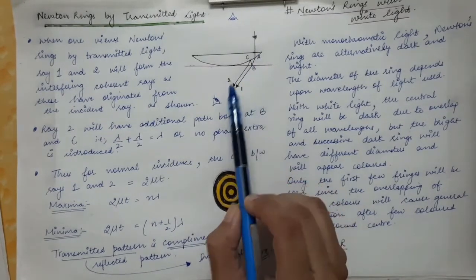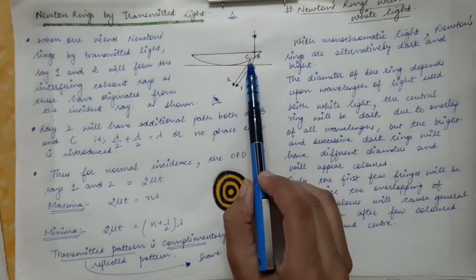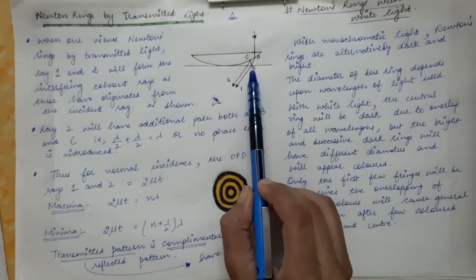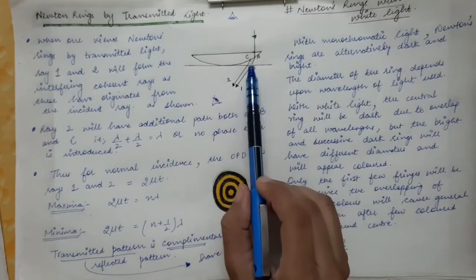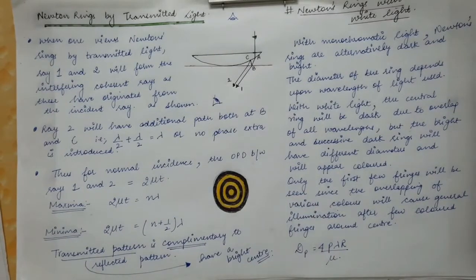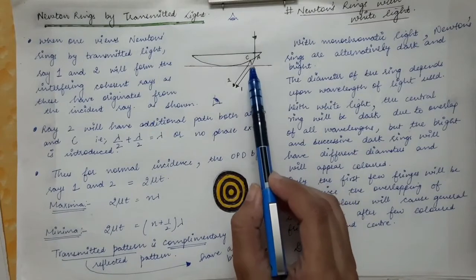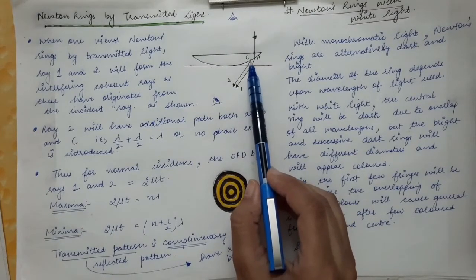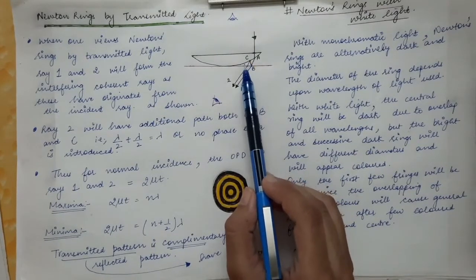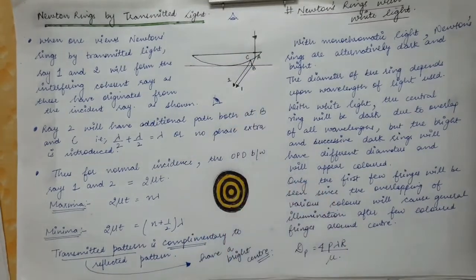But for the second transmitted ray, there is reflection at point B and at point C. So at point B and at point C there are two reflections, and then after that we get the second transmitted ray. At point B there is reflection by the denser medium, and at point C also there is reflection by the lens, which is a denser medium. So at both points the reflection is by the denser medium.